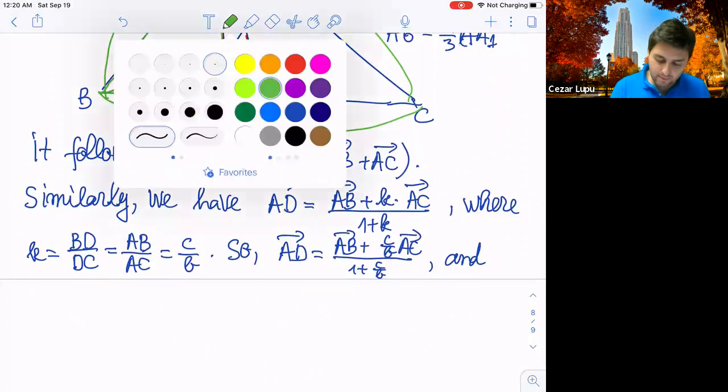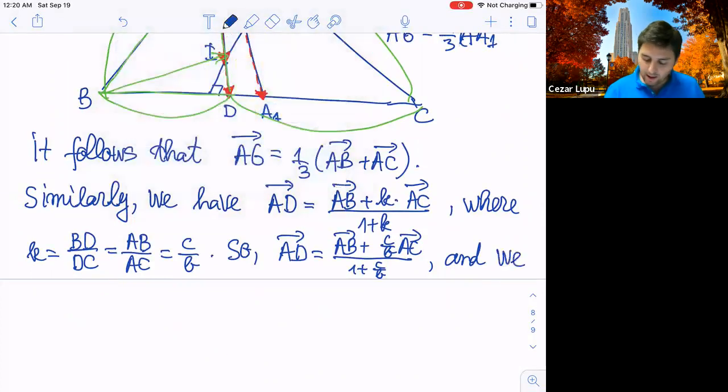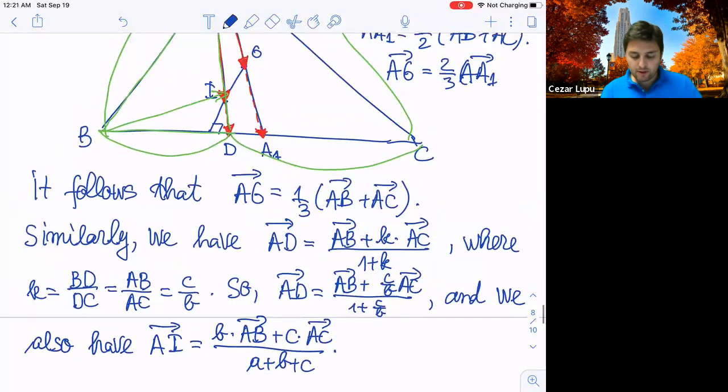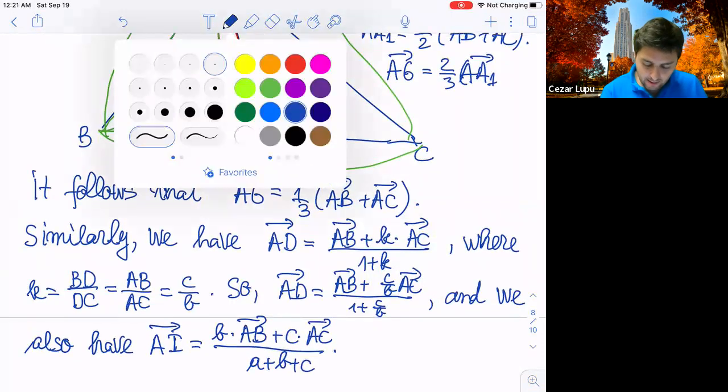And we also have that AI vector. So similar, you use the same strategy as for G. It will be B times AB vector plus C times AC vector and everything over A plus B plus C. Okay, so we have these two equalities here.